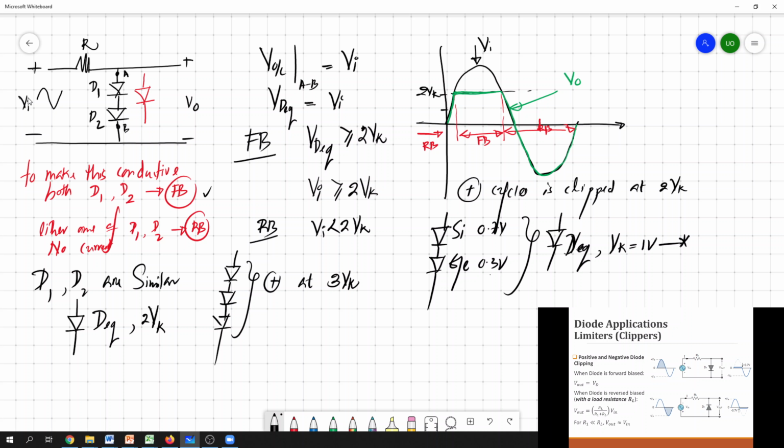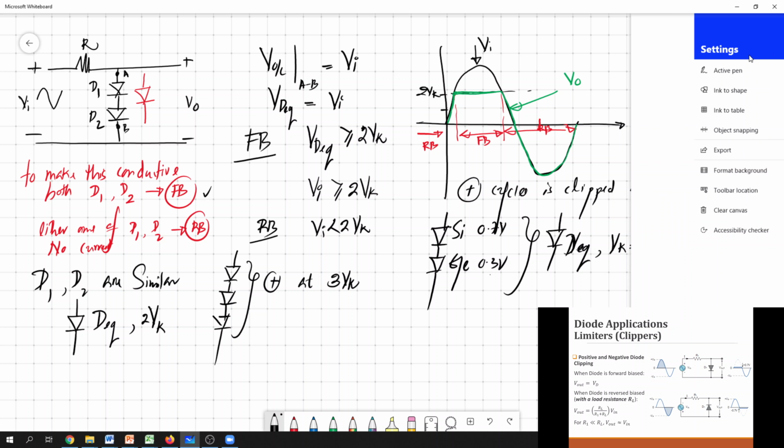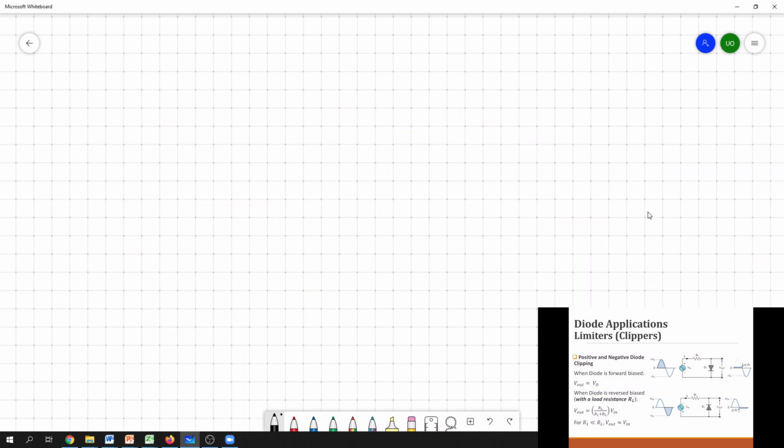So if you change the orientation or the direction of this diode to this, then you can see this kind of output.